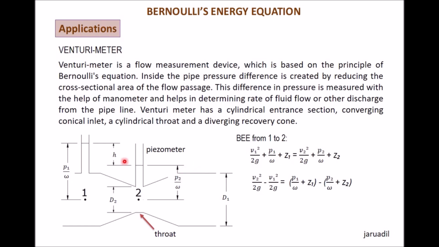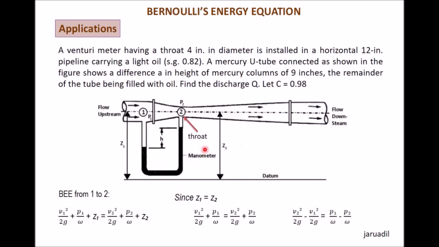Now, on this part, meron siyang nilalagay na piezometer, and also on this part, then yung different pressure in this point 1 to 2 will be manifested on the piezometer, or in other Venturimeter, instead na piezometer, ang nilalagay nila ay itong differential manometer. So we have already studied this one. This is a differential manometer.